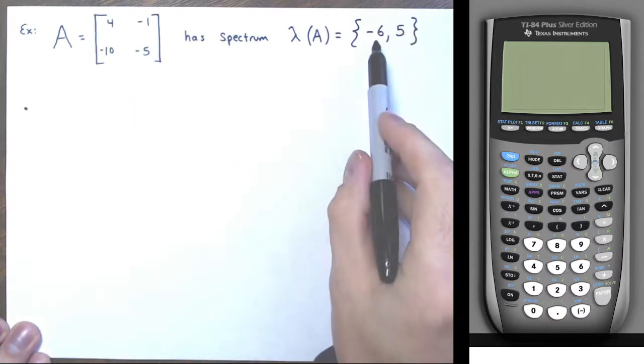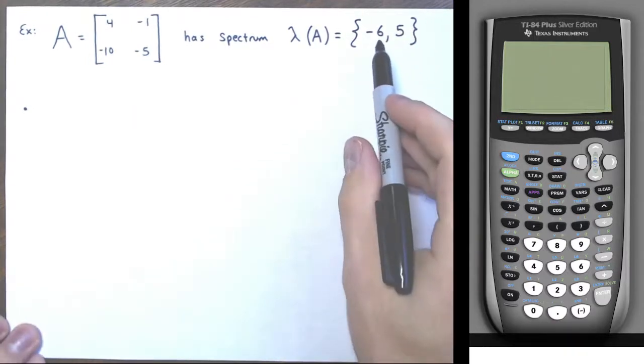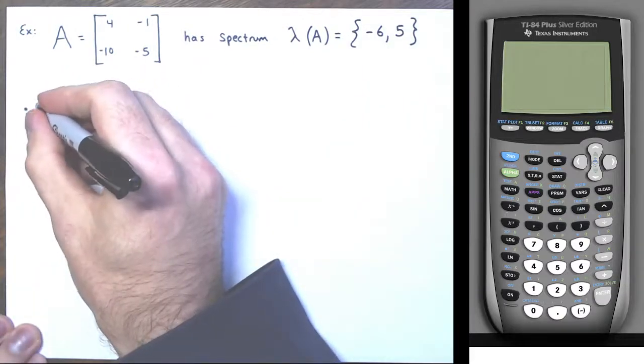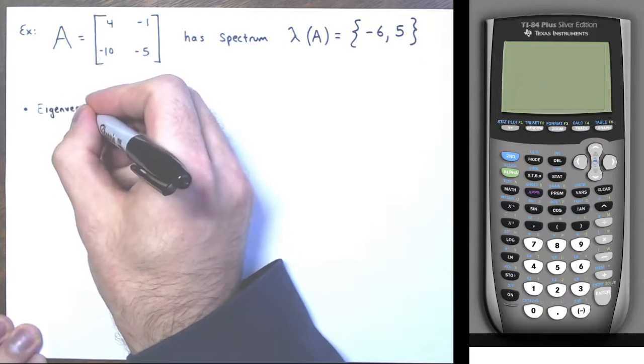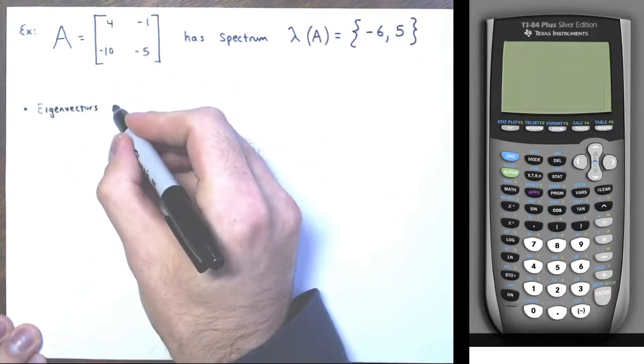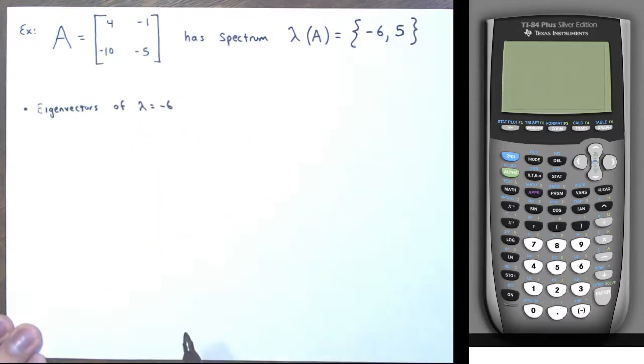Let's find the eigenvectors corresponding to the eigenvalue of -6. So I'm just going to say the eigenvectors of lambda equals -6. Just know that I mean corresponding to lambda equals -6.